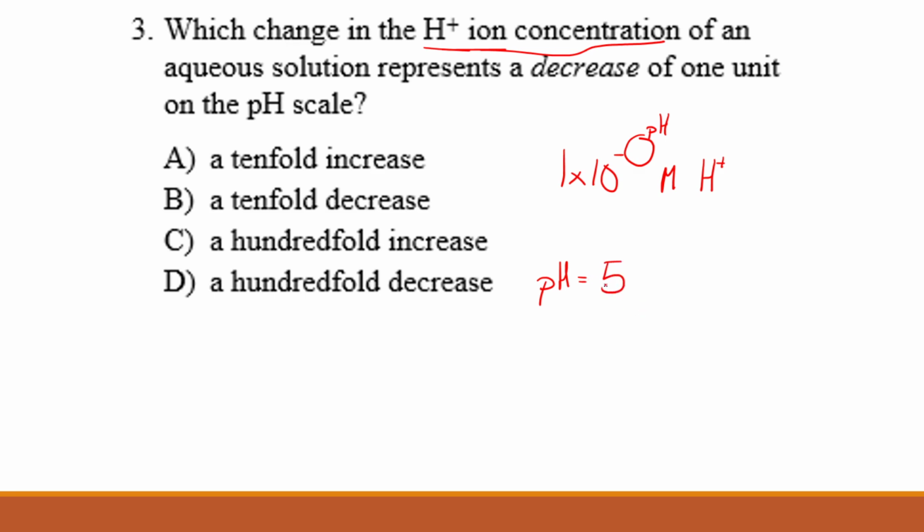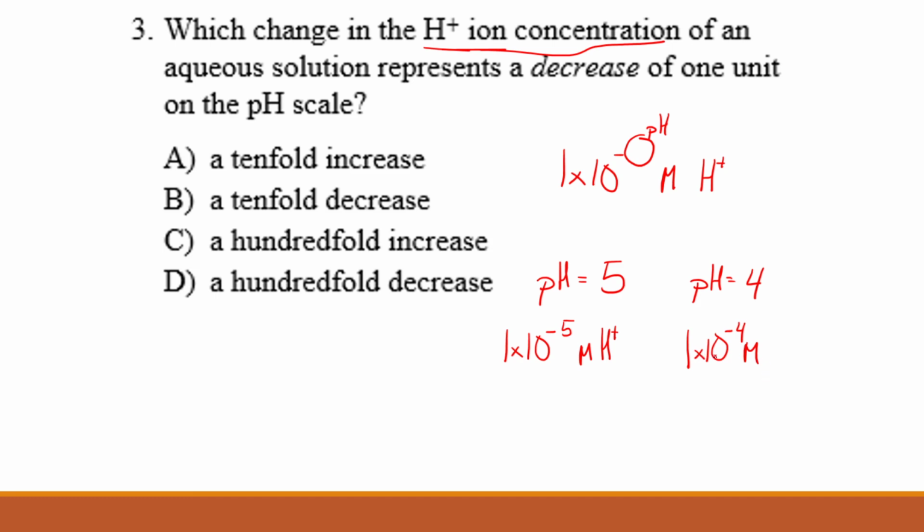We want to see what kind of change turns this into a pH of 4. So I'm working backwards. That would mean my concentration is 1 times 10 to the negative 5, and here my concentration will be 1 times 10 to the negative 4.